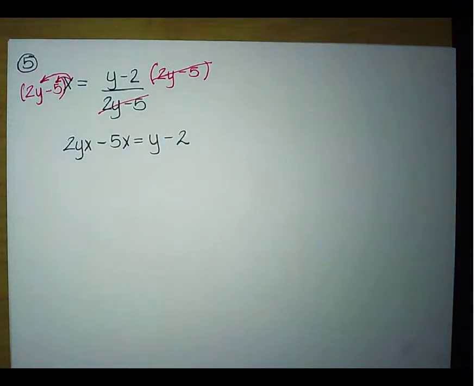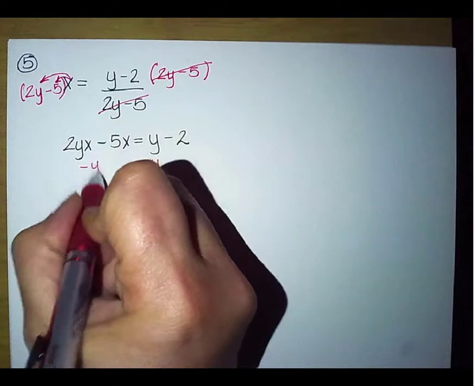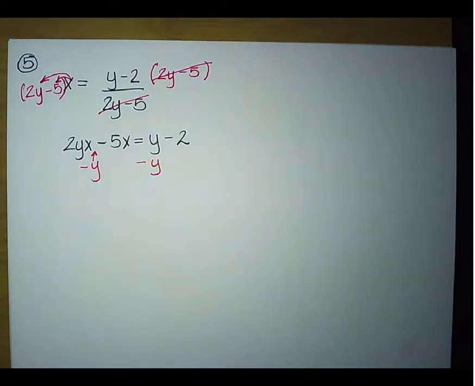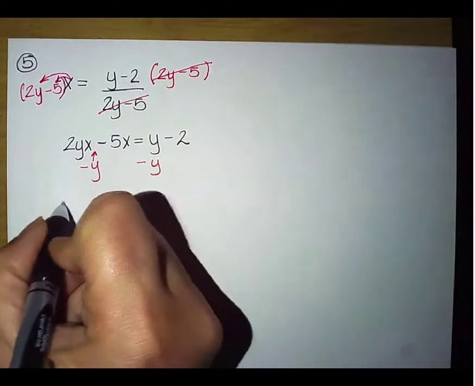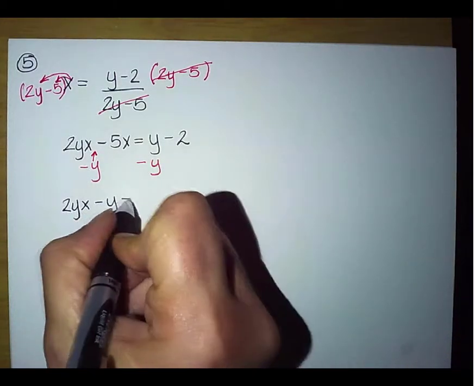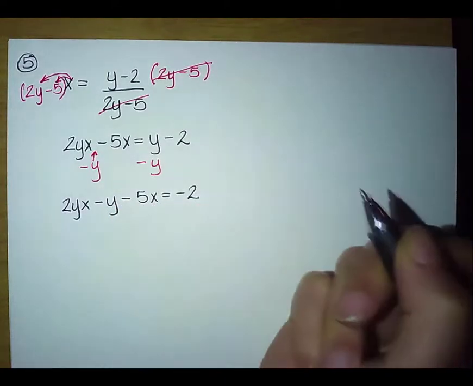Again, we need our y's to be on the same side, so we are going to subtract the y from both sides. Again, remember, I'm just going to place him right behind my 2xy or 2yx. So 2yx minus y minus 5x equals a negative 2.